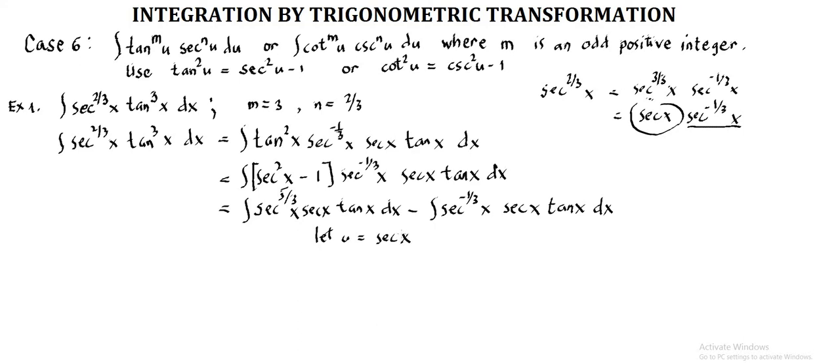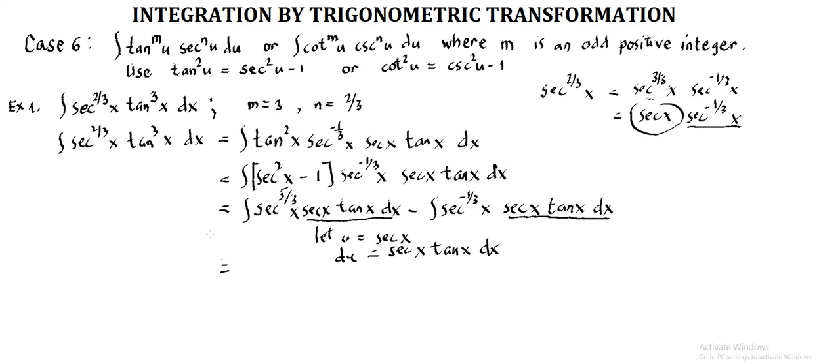Itong may mga power na 5/3 at saka negative 1/3, yung base na secant, yun yung ating nilet u. So, ang du natin ay secant x, tangent x, dx. Ito yung ating mga du.